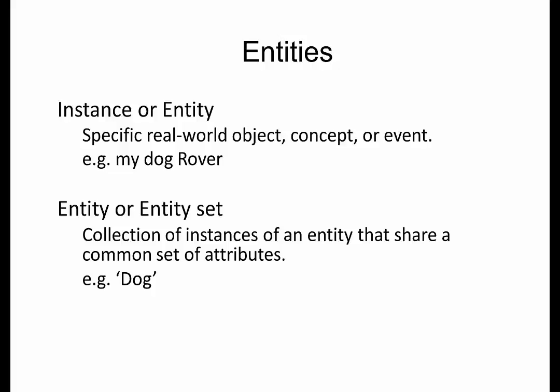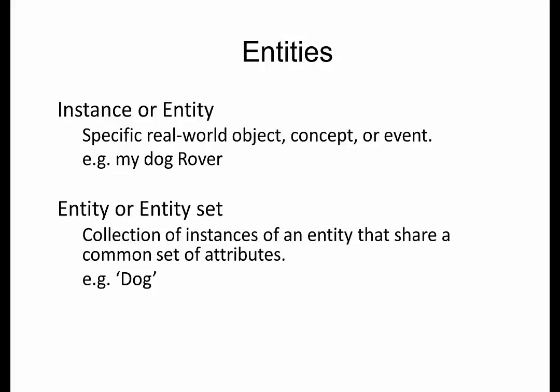The other thing we're interested in is also called an entity, and it's what I generally use the word entity to mean, or it's sometimes called an entity set, which is a collection of instances of an entity that share a common set of attributes. So dog: all dogs have a name, they have a colour, and whatever else dogs have, tails, I don't know, bowls, chew bones.